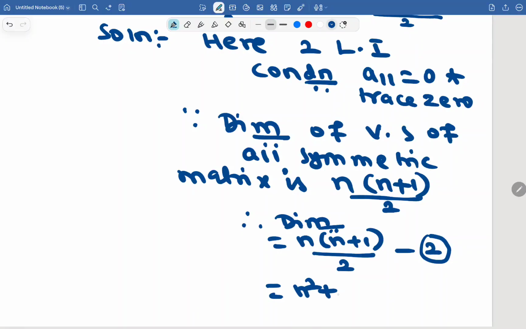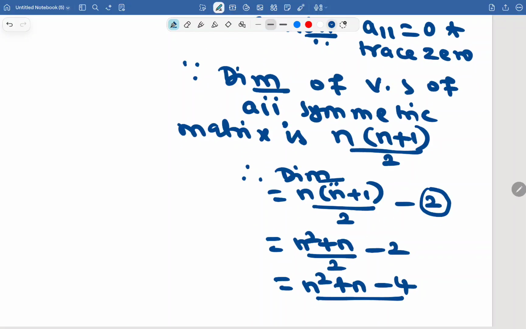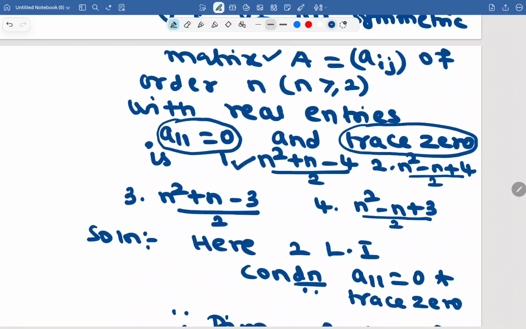Therefore n square plus n by 2 minus 2, which is equal to n square plus n minus 4 by 2. First option is the correct option.